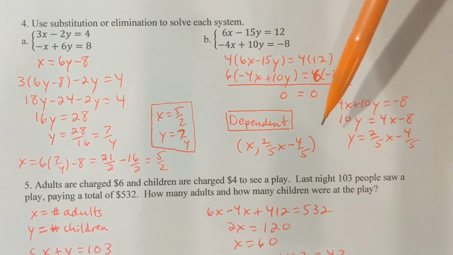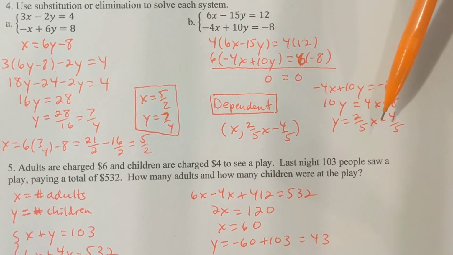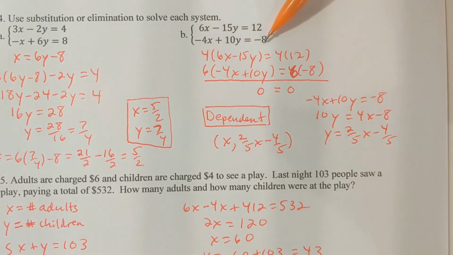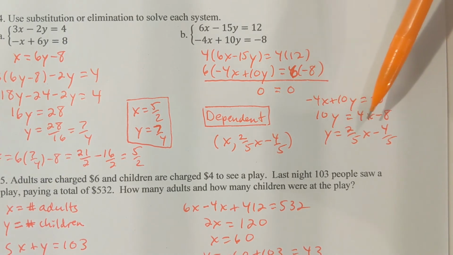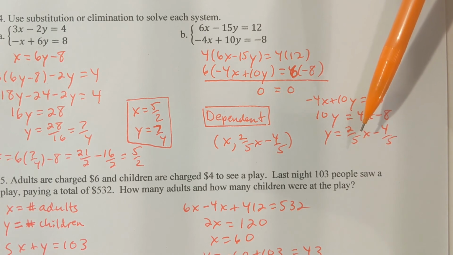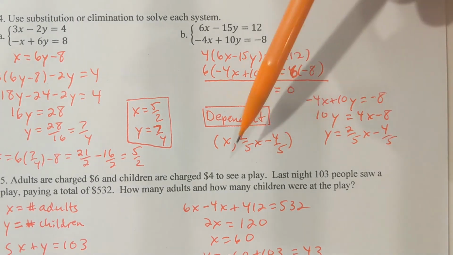I went with x. So in the y coordinate position, I'm going to have to know what y is in terms of x. If I select the bottom equation and solve for y, I add 4x and then divide by 10, and I'm getting y equals 2/5 x minus 4/5. And so I'm writing that expression in the y coordinate. That way everything is in terms of x.